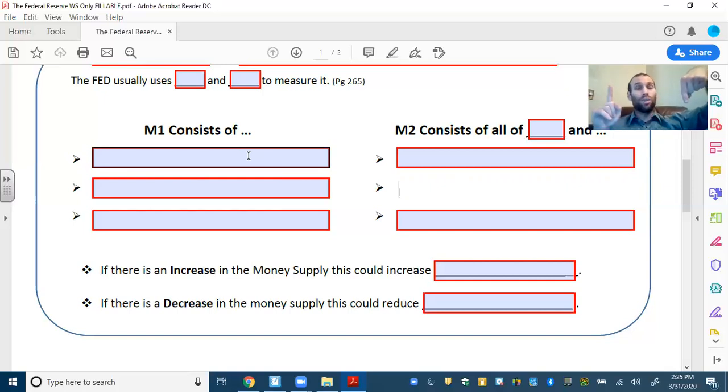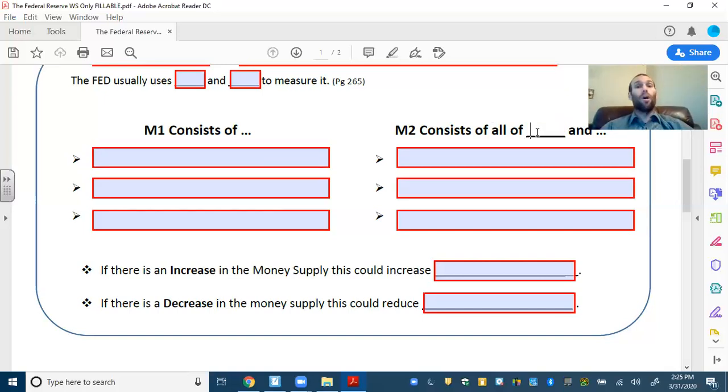You're going to think M2 went up, and it went up that $100, but M1 went down. And since M2 consists of all of M1, if one goes down and one goes up, they actually do the same thing. So just remember that while M1 might change a lot, M2 tends to be the same. Just a tricky question you might sometimes see.